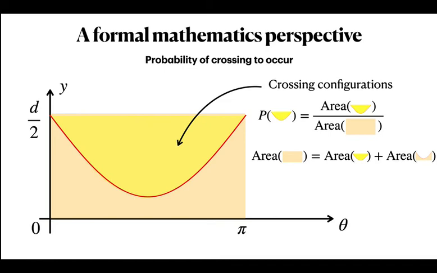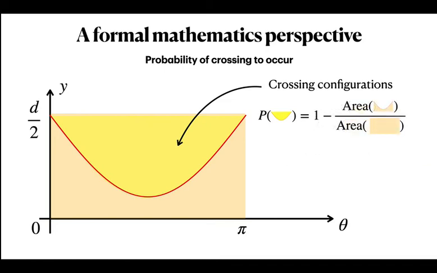If I replace in the above equation, the probability for being in the yellow domain is 1 minus the ratio of the area of the complementary domain over the total area of the beige rectangle.